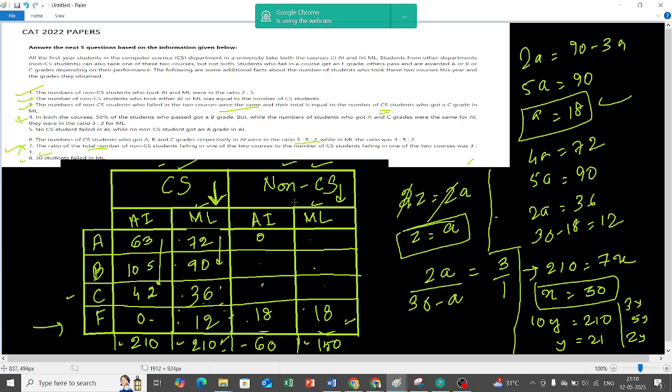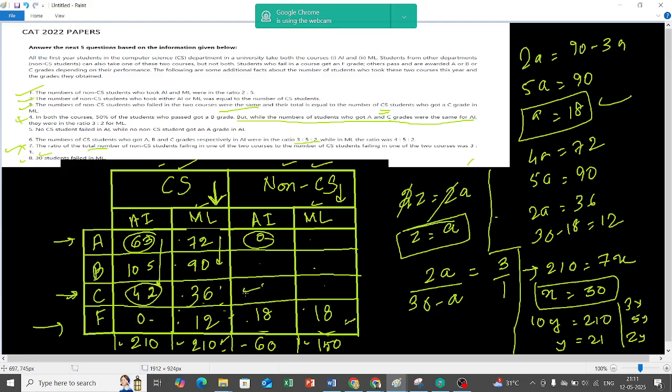So you see ये वाला जो information है, this is quite helpful information. While the number of students who got A and C grades were the same for AI, मतलब क्या, this plus this should be equal to this plus this.